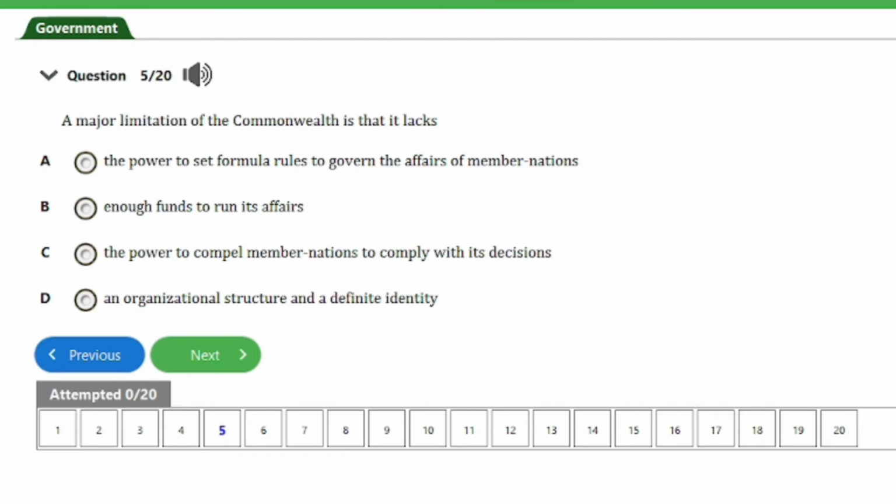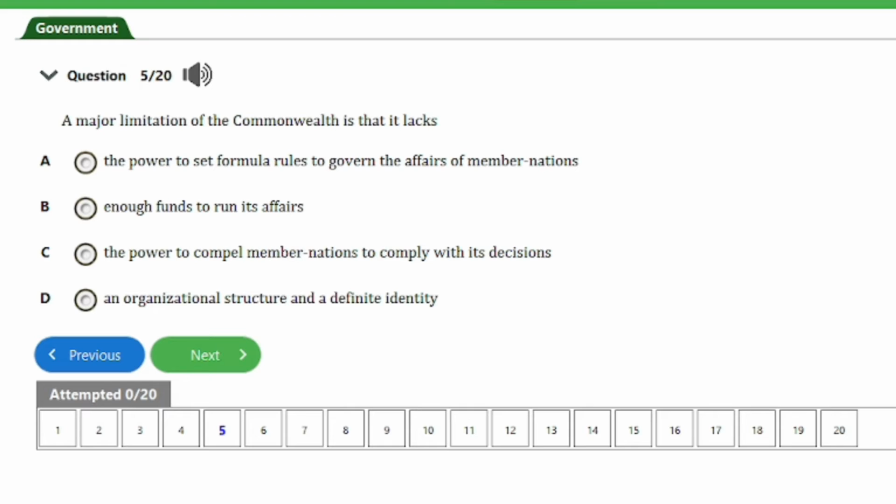We have here question number 5. It says, a major limitation of the Commonwealth is that it lacks A. the power to set formal rules to govern the affairs of member nations, B. enough funds to run its affairs, C. the power to compel member nations to comply with its decisions, D. an organizational structure and a definite identity.